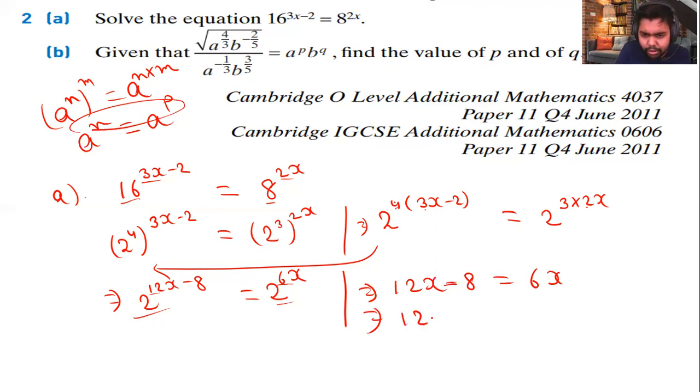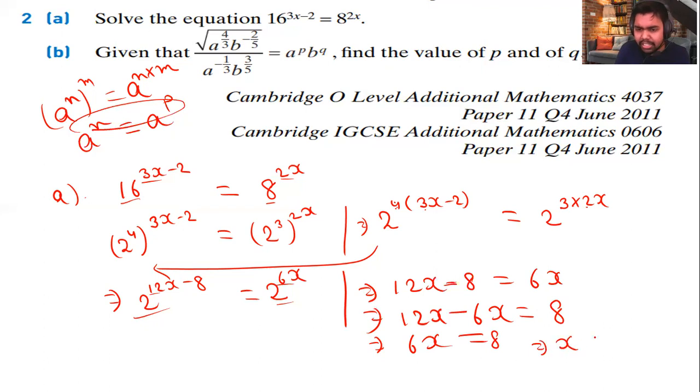So I would be writing 12x minus 6x. This is a linear equation in one variable. It's very easy. I hope you know this one, because you are studying additional maths. These are the things you have to study in extended maths, core and extended. So 12x minus 6x would be 6x, and it would be equal to 8.